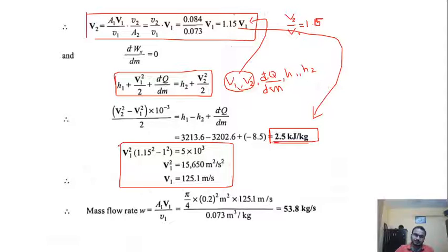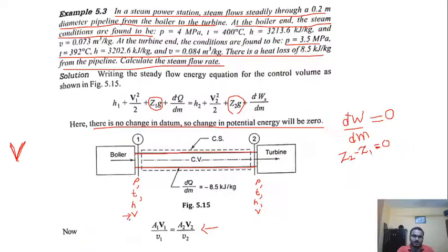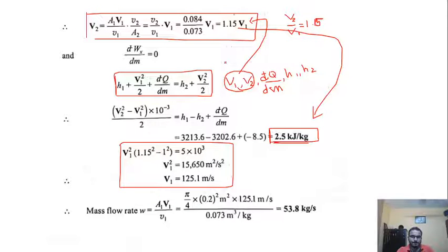Now our objective in this question was to calculate the steam flow rate, that is mass flow rate, and to obtain that we have simply used this formula A1 V1 upon nu1.